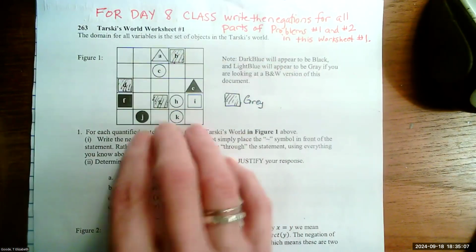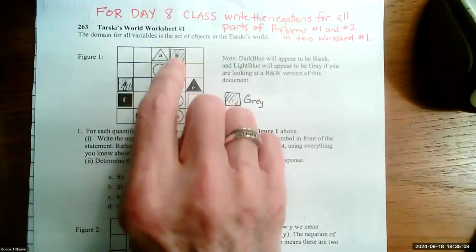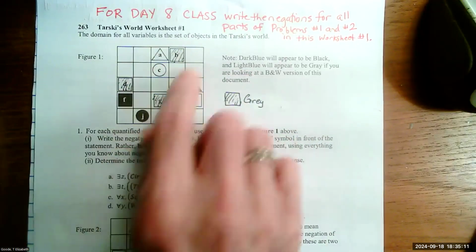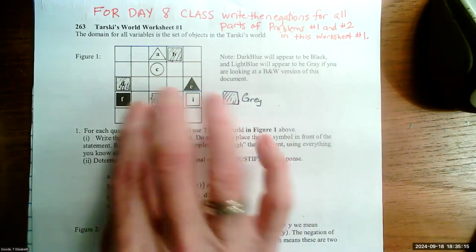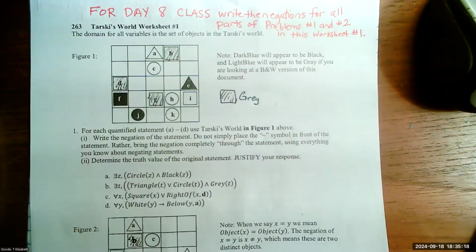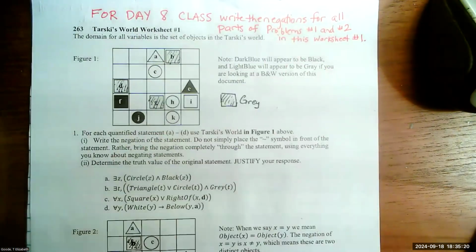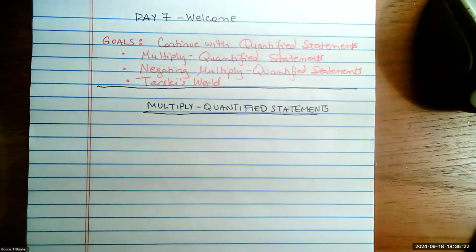By the way, when I printed it out, the gray didn't really print as gray. So these little stripes, that means gray. And then there's black and there's white objects. And then there's some instructions for preparation for day 8 class on the class notes.